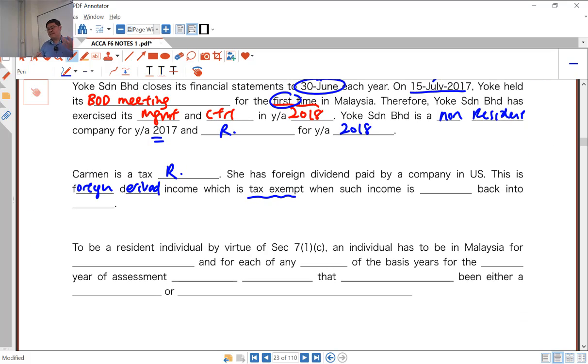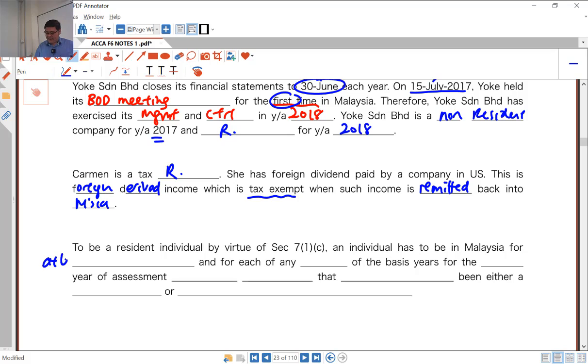So she has to be a resident so that the foreign income is exempt, but when the income is what? Is remitted back. So the requirement for exemption is the income must be brought back to Malaysia. Okay, and to be a resident individual by virtue of 7(1)(c), an individual has to be in Malaysia for what? The first thing is for?